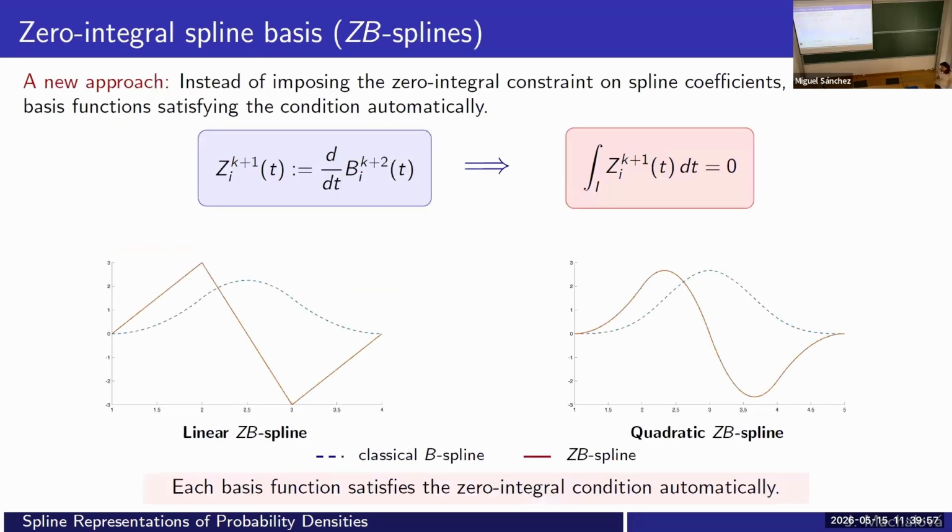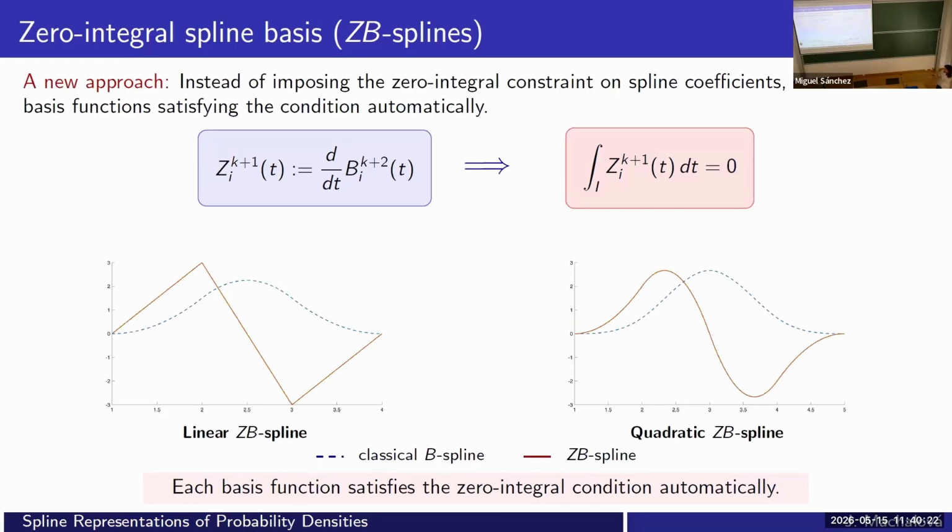But there is a question if there is a possibility to find some basis function which fulfills the zero integral constraint. And Hiba introduced it to you on Tuesday, that we defined so-called ZB splines, which are in fact only derivation of classical B-spline. But what is very important for us, that the derivative has integral equal to zero.